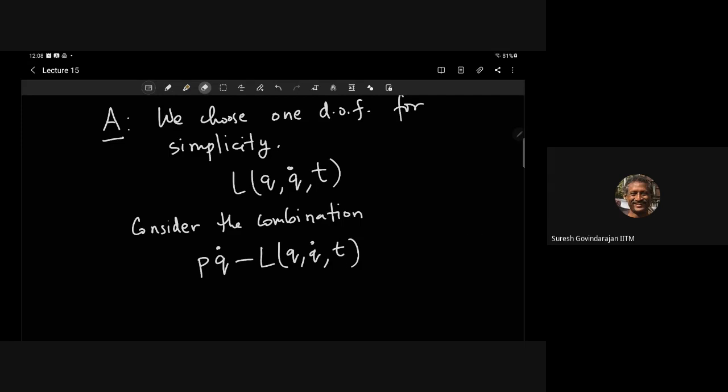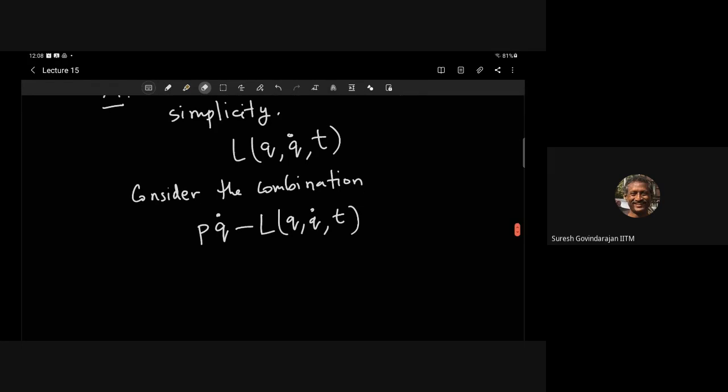But at this point, let's call this thing H. We are not going to assume p is equal to dL by dq dot yet. The right hand side is a function of p, q, q dot, and t.